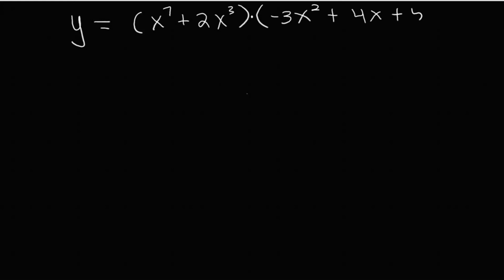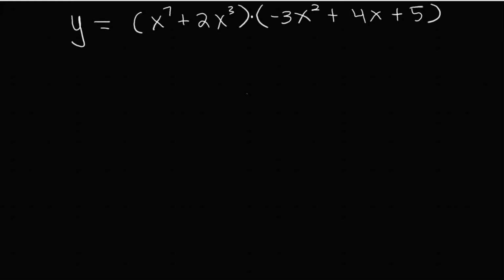Okay, so suppose y equals x to the 7 plus 2x to the third, multiplied by negative 3x squared plus 4x plus 5. Okay, now that's a very long polynomial, and you don't want to multiply it out, even though you can multiply it out, right?